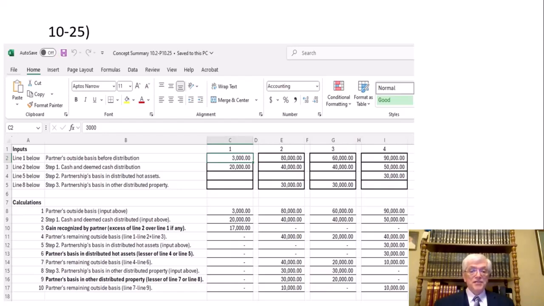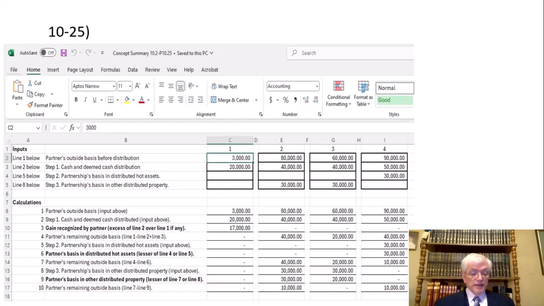Cash is the only thing distributed, but that's $20,000, meaning Kim is going to have to recognize a $17,000 gain. And she can't let the basis of her partnership interest go negative, because no basis can be negative. Therefore, the only way out is to recognize a gain. So she recognizes a gain of $17,000.